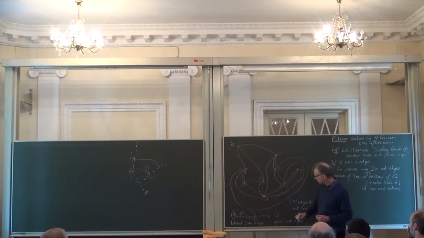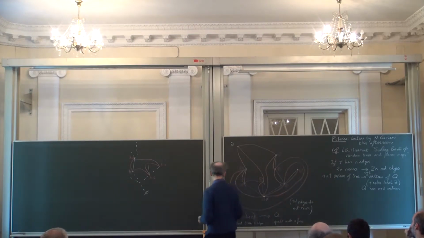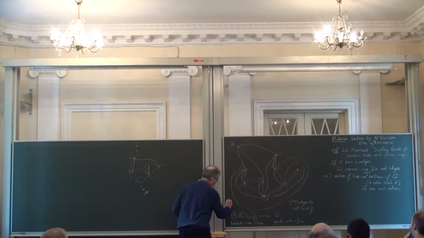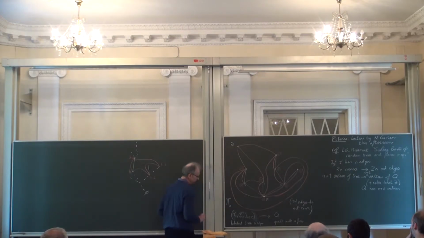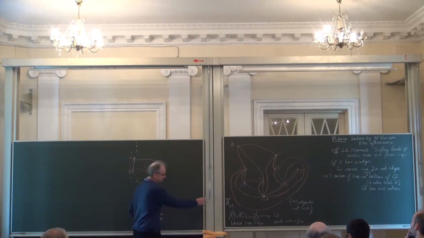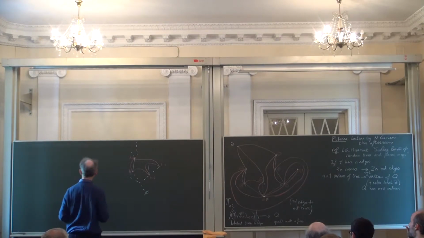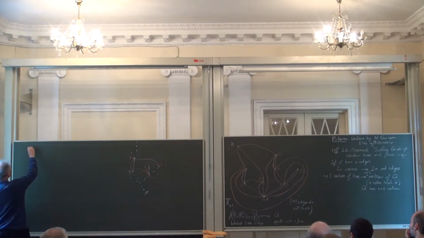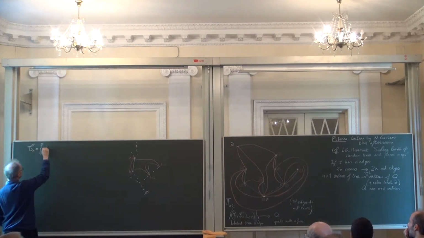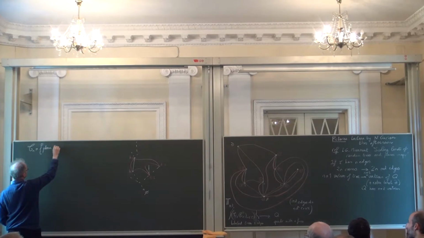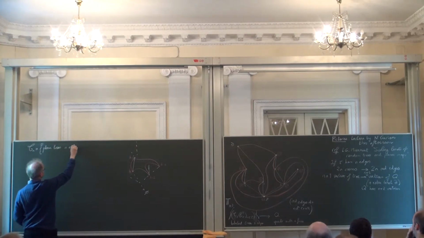So why is it true? Well, I remember I used the notation capital Tn for the set of all these objects here. And it's quite easy to compute the cardinality of capital Tn. I also had a notation, which will be useful: script capital Tn was the set of all plane trees with n edges.